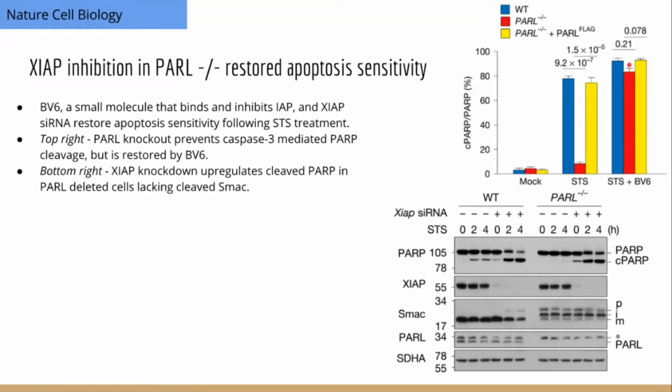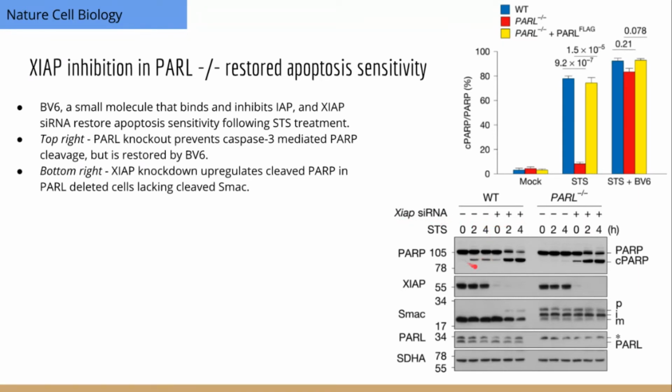The only difference is that they've done Smac's job and inhibited XIAP using this BV6 small molecule, and it restores the sensitivity. And we also see a similar pattern down here with the siRNA, so we have XIAP siRNA.